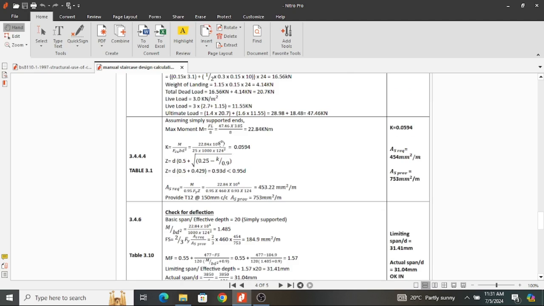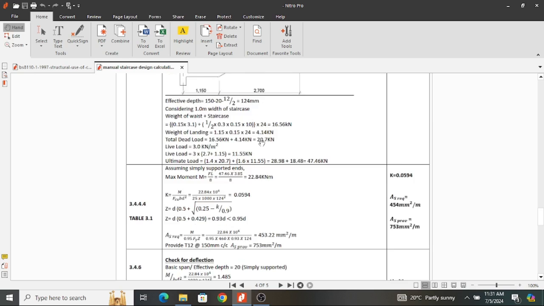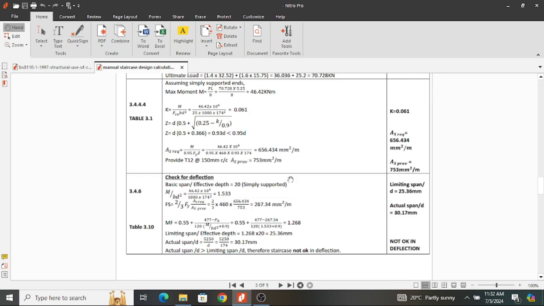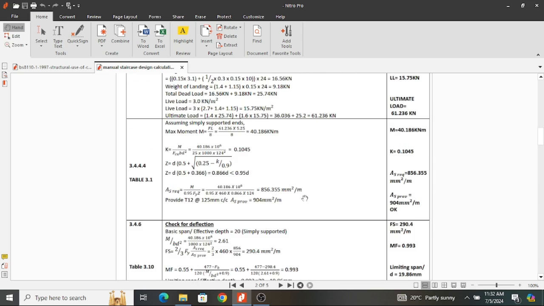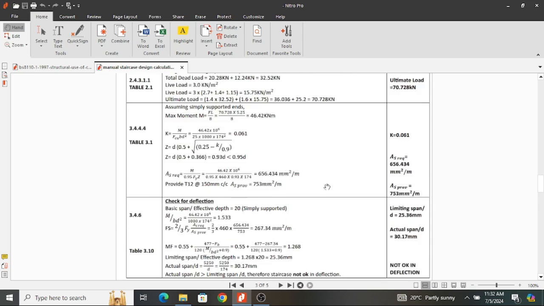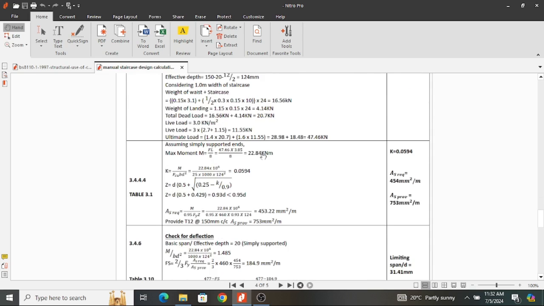So using that, we proceeded, and the maximum moment was 22.84, and this has significantly reduced by almost half, because initially we had bending moments of around 40, this is 46.42, and earlier on it was around 40.186. So the bending moments reduced significantly to 22.84.